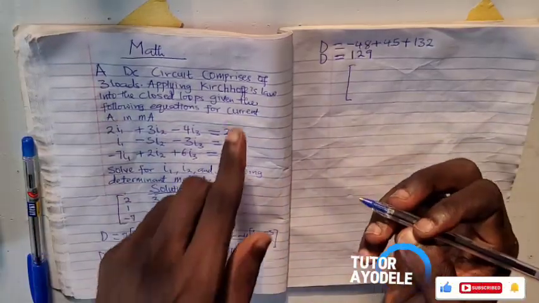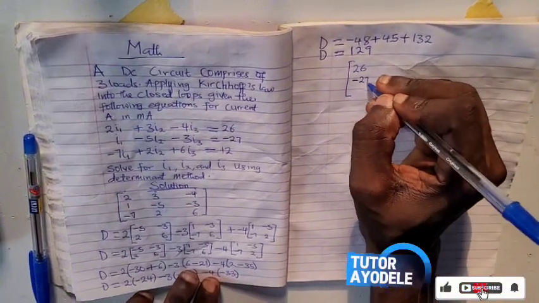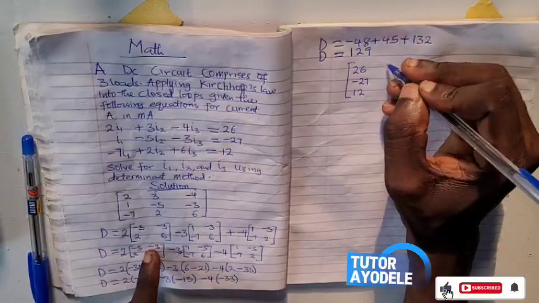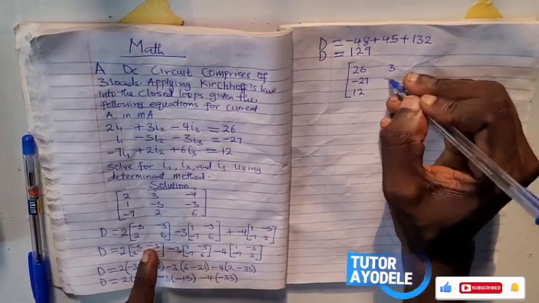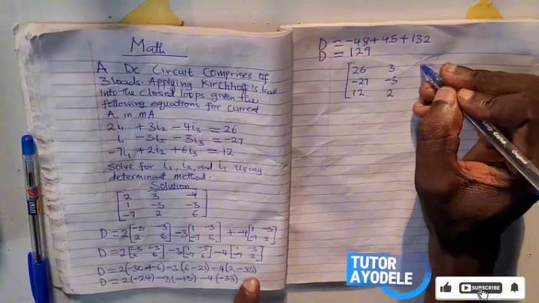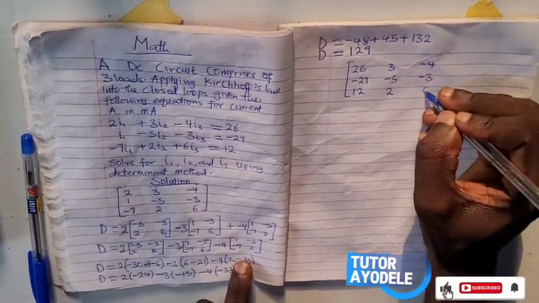I will have 26, minus 27, 12. Others remain the same. I will have 3, minus 5, 2. I will have minus 4, minus 3, 6.